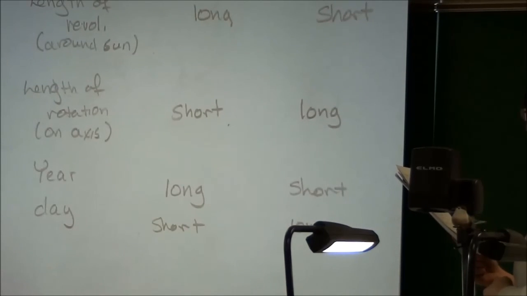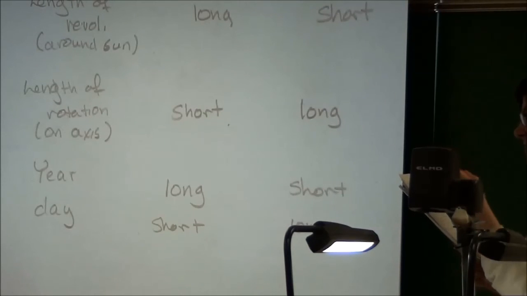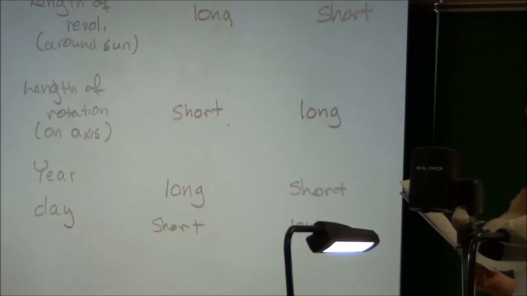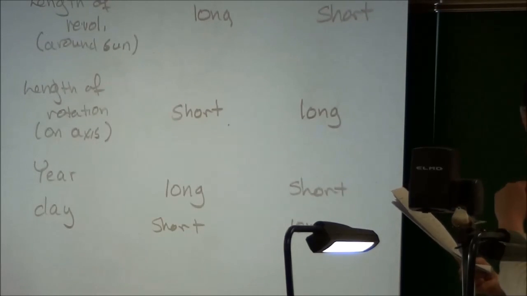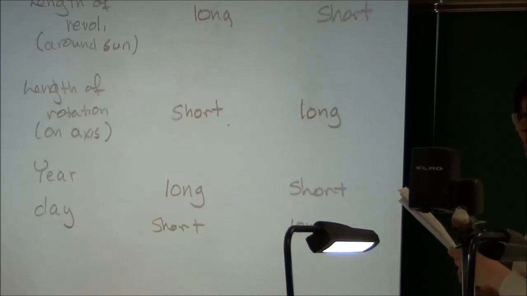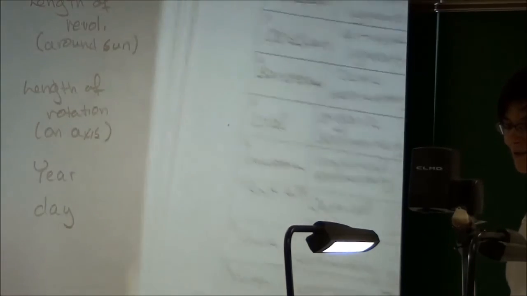Gneiss. Metamorphic, excellent. Coal. Organic what? Sedimentary, excellent. Granite. Igneous. Obsidian. Igneous. And basalt. Igneous. And limestone. Sedimentary, yes, biochemical sedimentary.